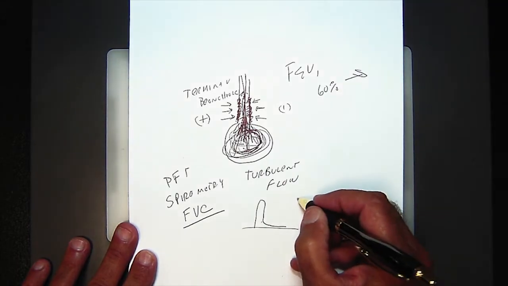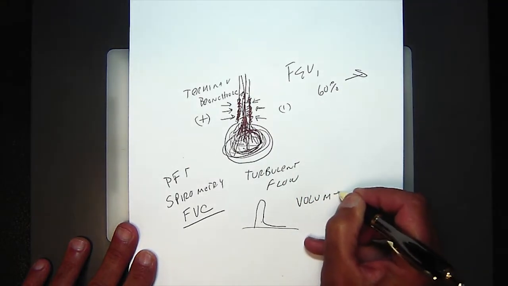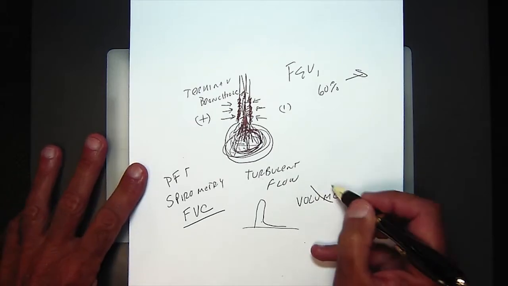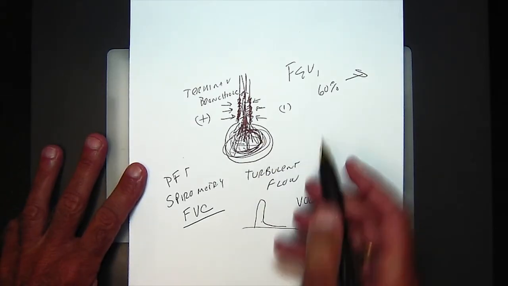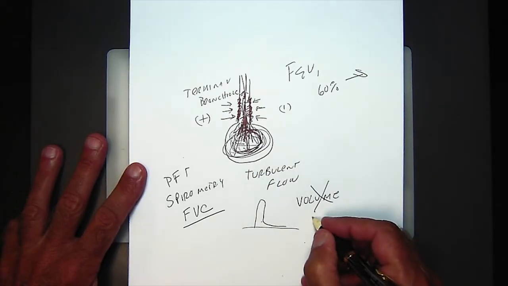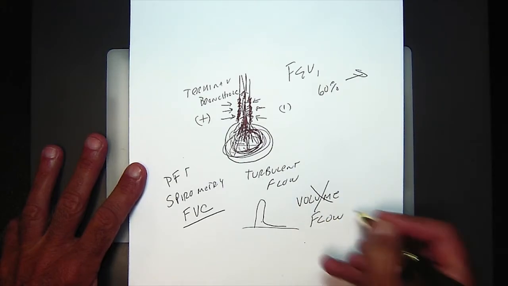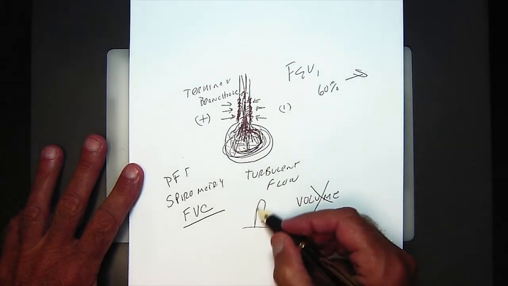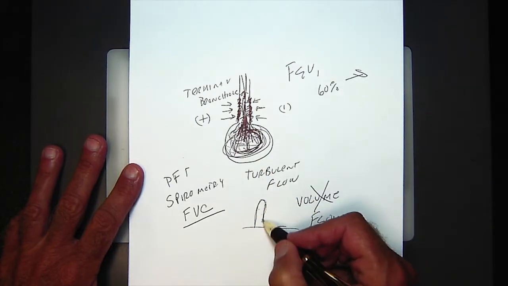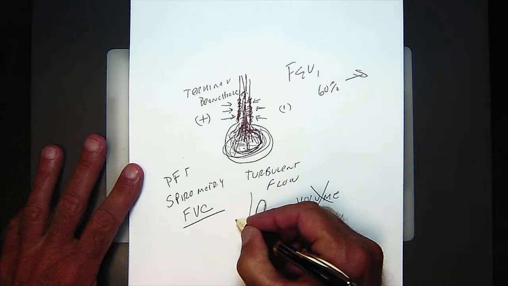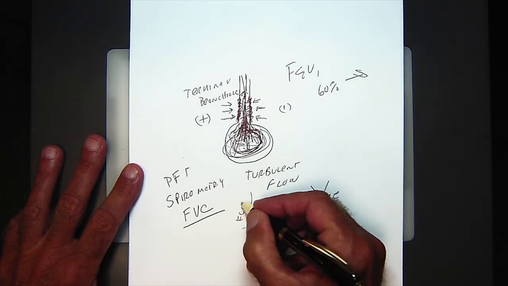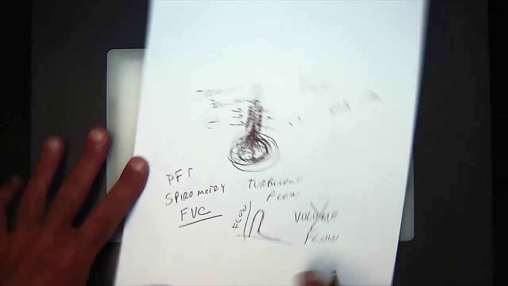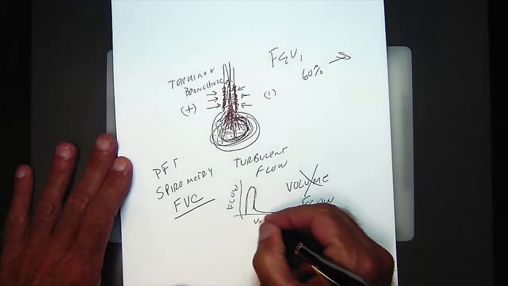So they don't have a problem with volume. The obstructive diseases don't have a problem with volume because eventually they can get it all out. What they have a problem with is flow, because that creates all that turbulent flow. That's why you get the quick decrease in the flow. So this is your flow coordinate, and this is the volume coordinate.